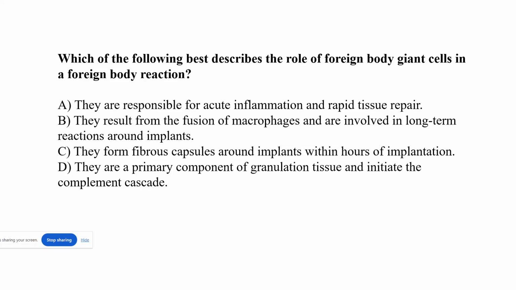Anybody would like to answer? Which of the following best describes the role of foreign body giant cells in a foreign body reaction?